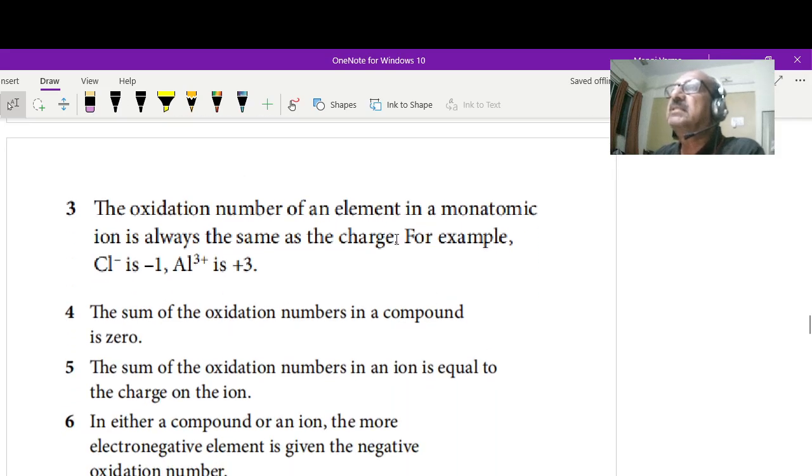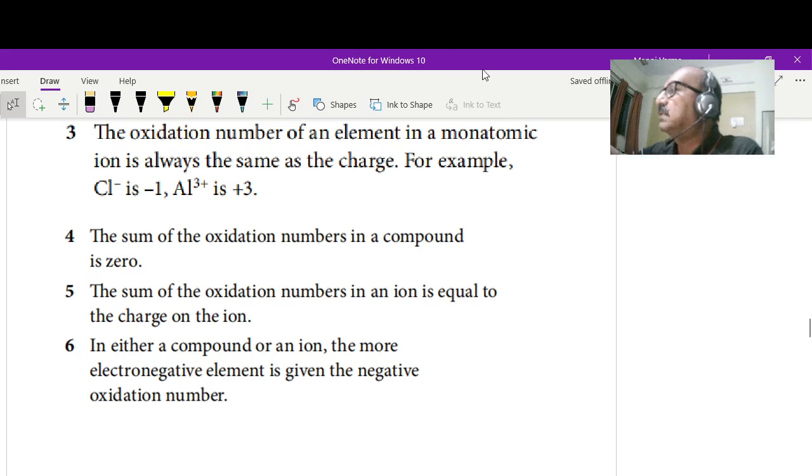This is quite obvious: if you directly see a charge like Al +3, then the oxidation number is +3. Then the rule that the sum of oxidation numbers in a compound is 0. We have already considered that, but I'll give one more example, HNO3. Here hydrogen is +1, there is only one hydrogen.